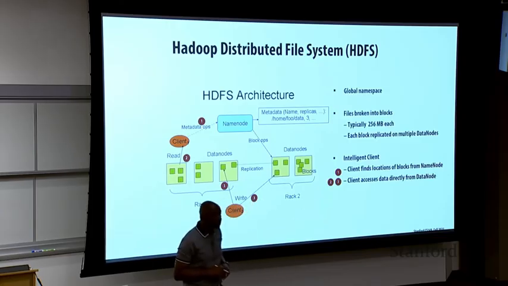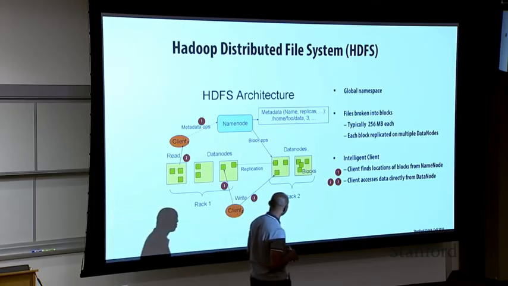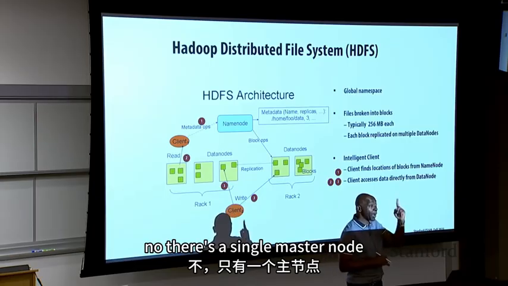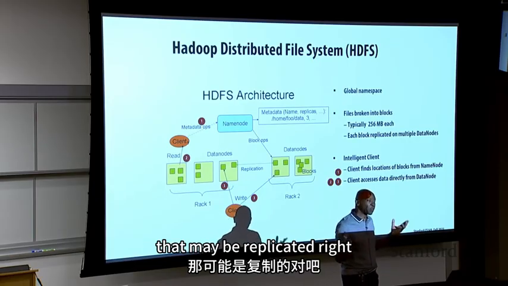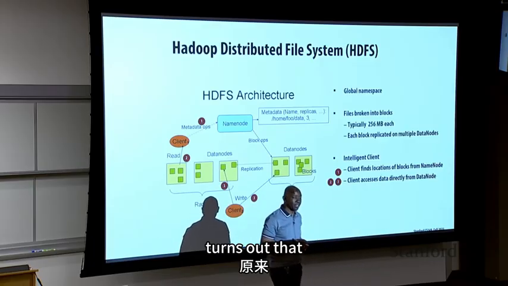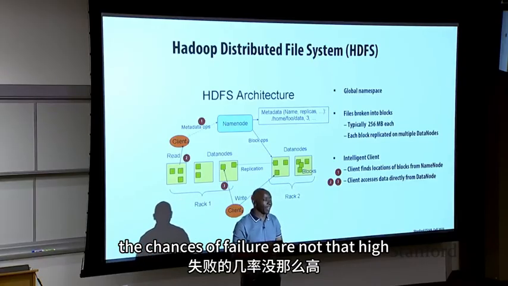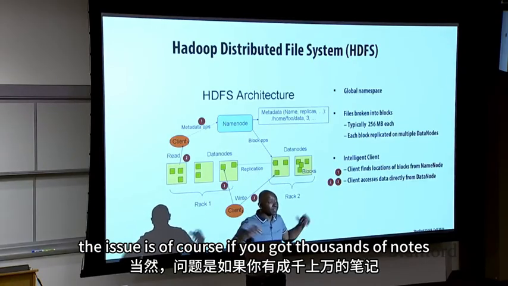Do you have a global master node for each node? No, there's a single master node that may be replicated, right? Turns out that if you've only got a single node, the chances of failure are not that high. The issue is, of course, if you've got thousands of nodes.